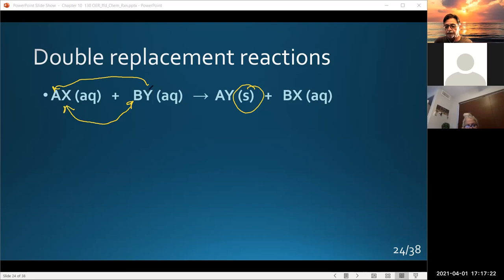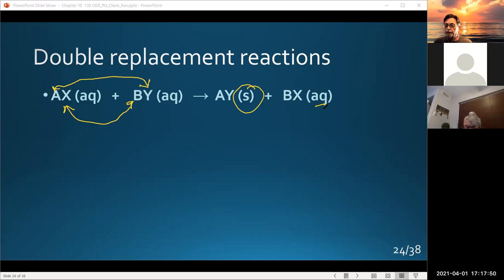The A combines with the Y, the B combines with the X. Now, based on the solubility rules, AY in this scenario is solid. It's insoluble, therefore its physical state is S, therefore a reaction proceeded.